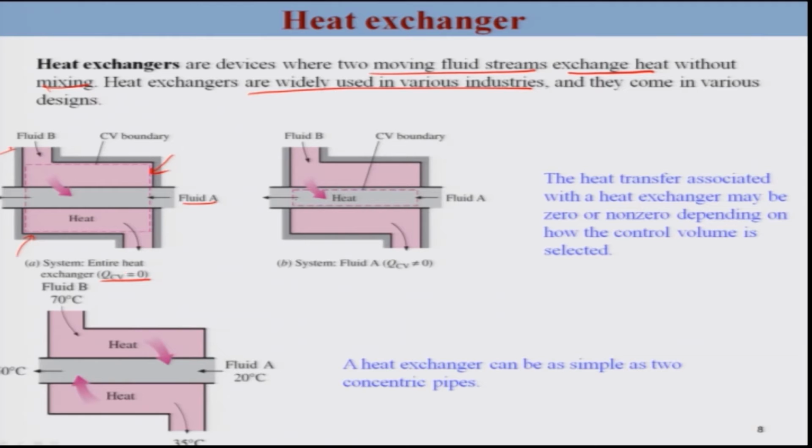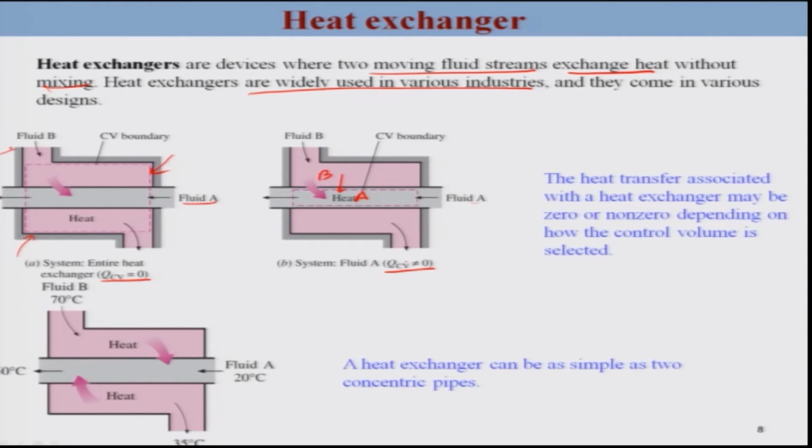But on the other hand, if you take the control volume boundary within the pipe of fluid A, then there is a heat transfer from outside of this control volume, that is from B to A, and thus your Q_CV is not equal to 0. So it depends on how you choose your control volume, and depending on the control volume, your heat exchange may be 0 or non-zero. That is the heat transfer associated with a heat exchanger example.